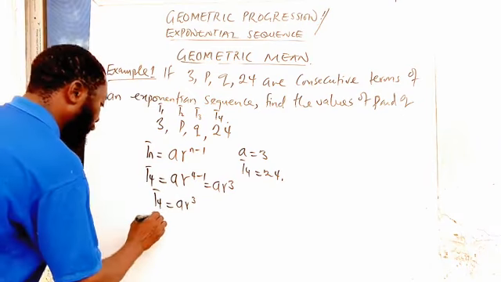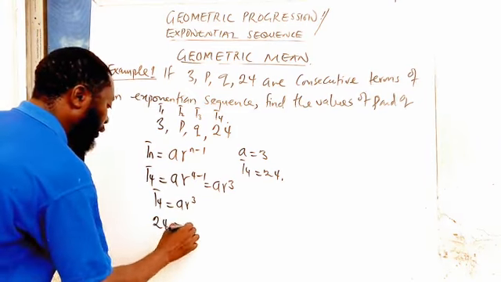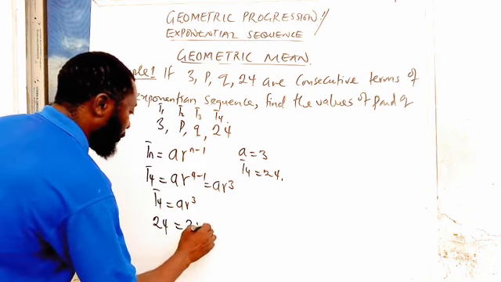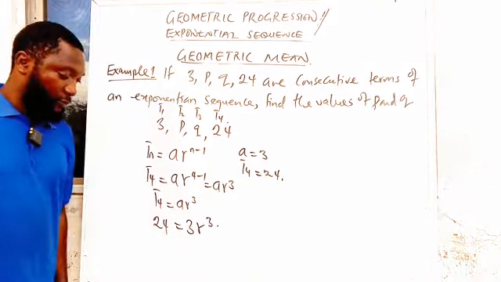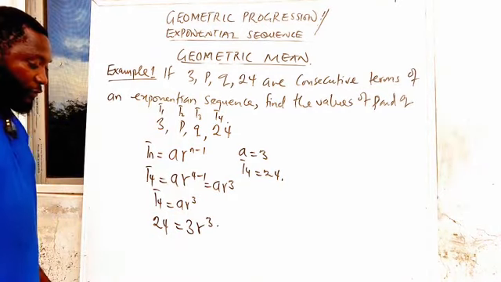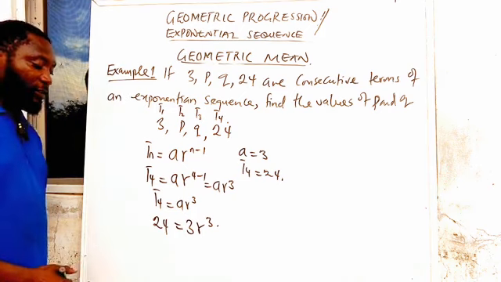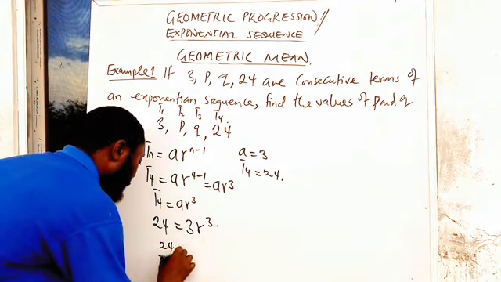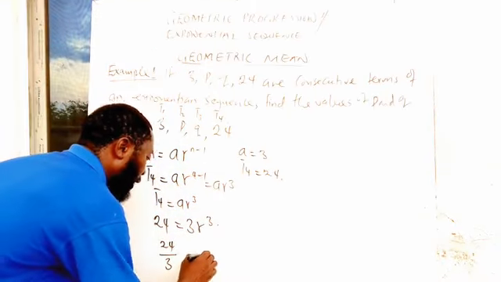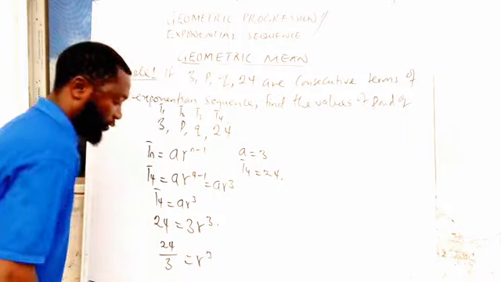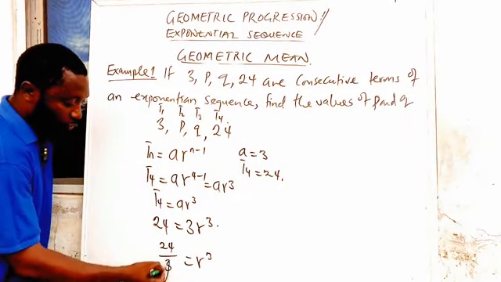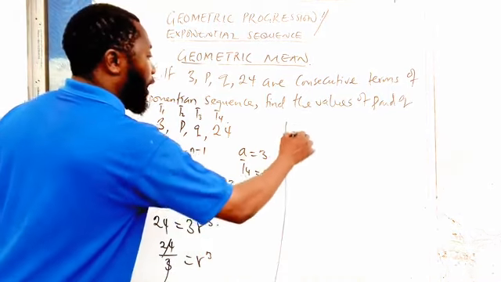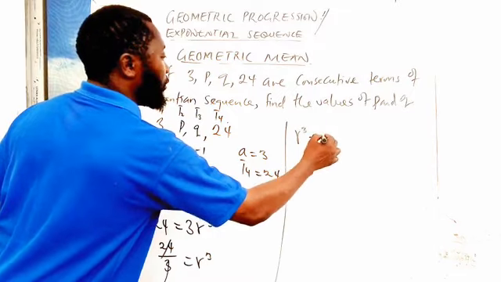Now T4 is 24 and our first term is 3, so 24 equals 3 r cubed. To find the value of r, it's very simple. We divide both sides by 3, so 24 divided by 3 equals r cubed. 3 goes in 24, that is 8, so we have r cubed equals 8.